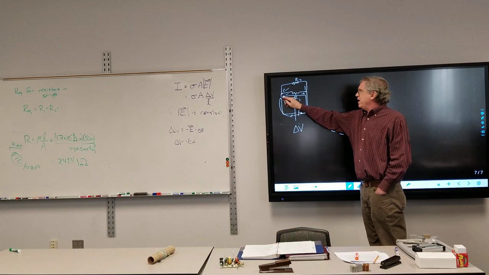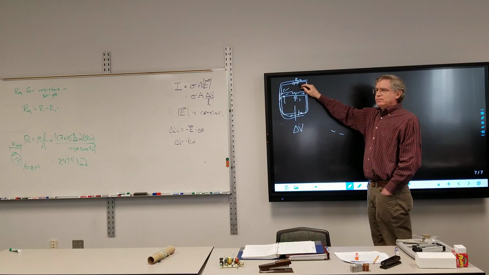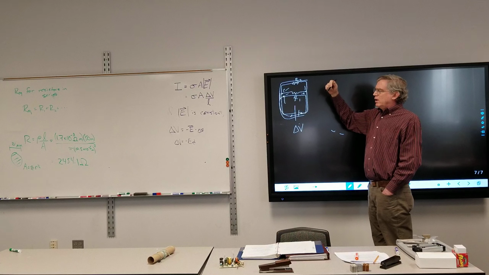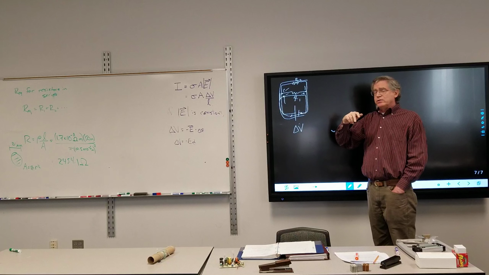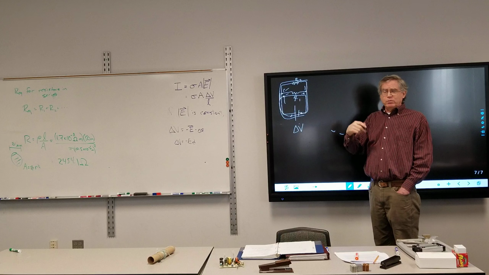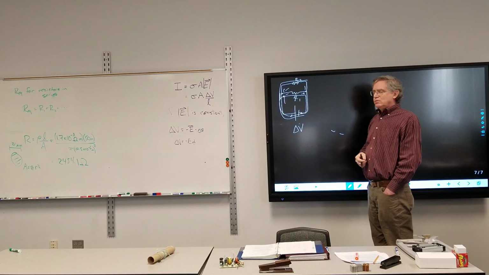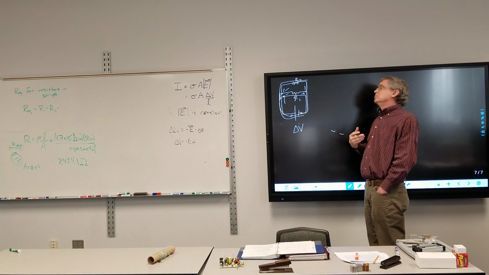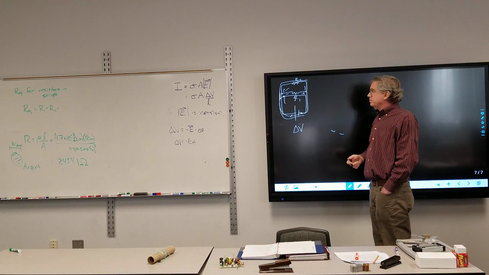Or if I went the top path, whatever I gain here, I have to lose that much here. So for resistors in parallel, and this is also true for capacitors, the voltage is the same for parallel components. Series components have the same current, parallel components have the same voltage.